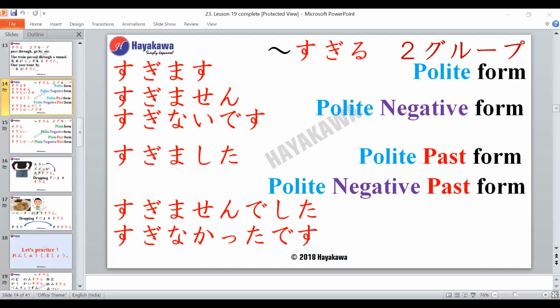Very good, Siddhartha. The polite negative past form, sugimasen deshita or suginakatta desu. Very good, Siddhartha. Any doubts over here?